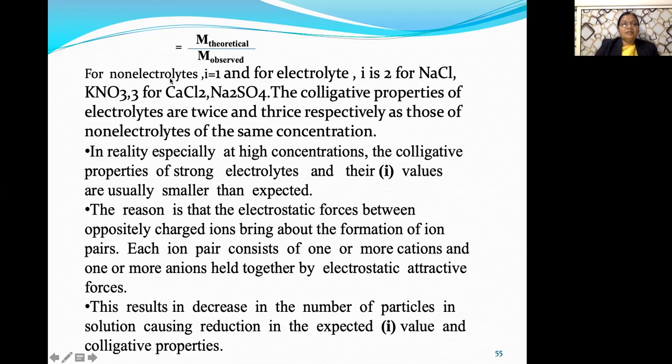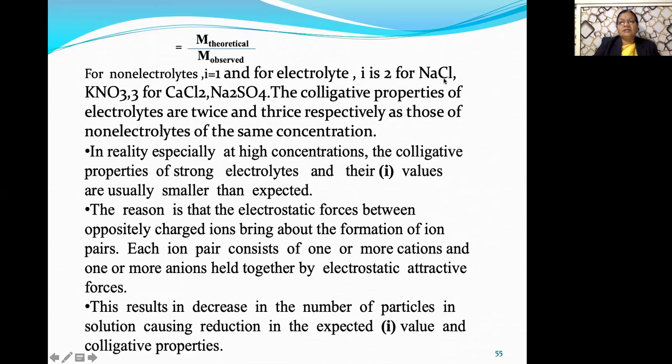Now, for a non-electrolyte, there is no dissociation, therefore the Van 't Hoff factor i is equal to 1. But for an electrolyte, depending upon the nature of the electrolyte, whether it produces 2 particles, 3 particles or 4 particles, the Van 't Hoff factor i is 2, 3 or 4 accordingly.